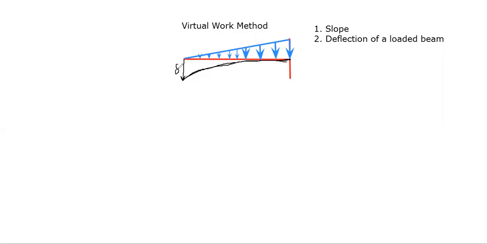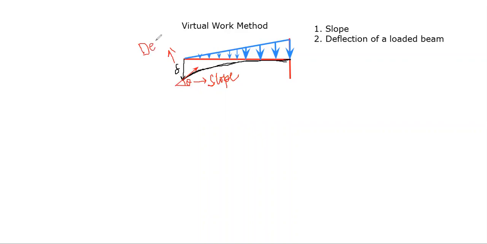And if we draw a tangent to any point of this curved trajectory, for example here, the angle that this tangent subtends with the ground, let's call this theta. This is called the slope. This is the slope, and this is the deflection.